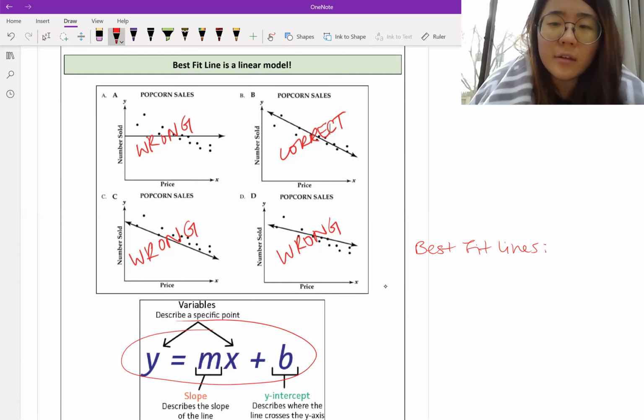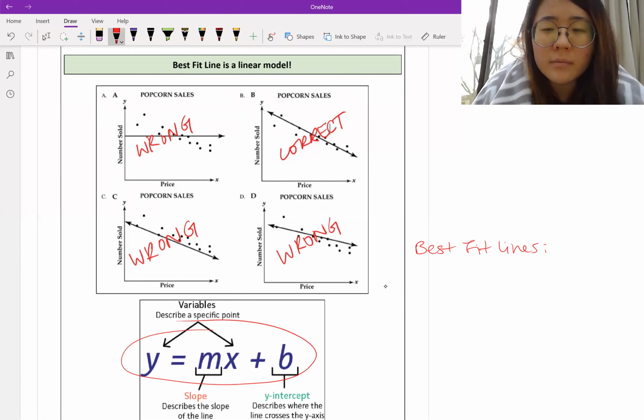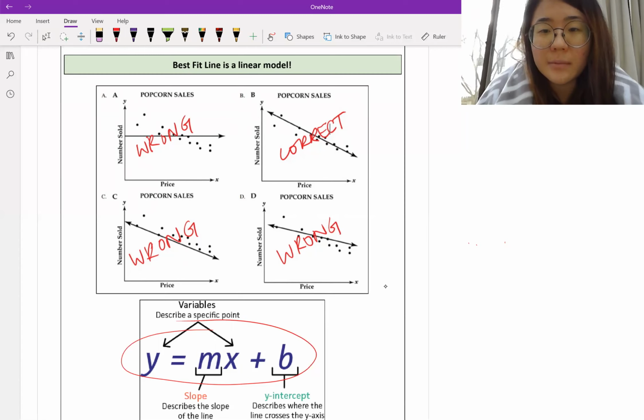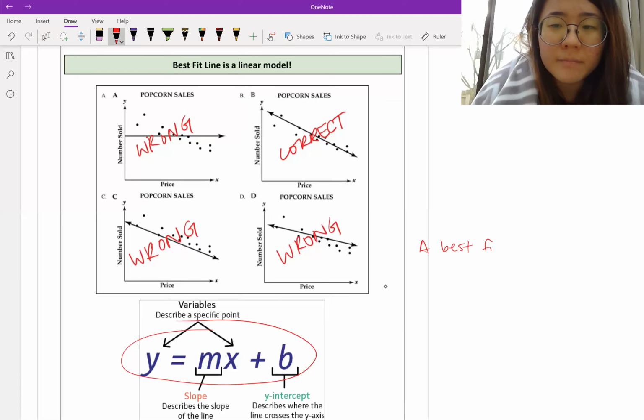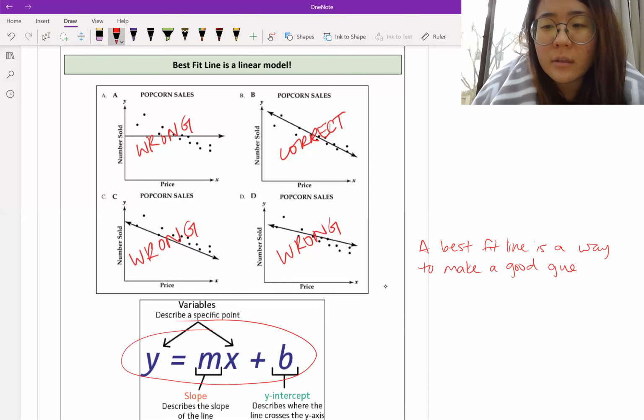It's a way to make good guesses. I am struggling with this writing pen here today. So a best fit line is a way to make a good guess using a mathematical model.